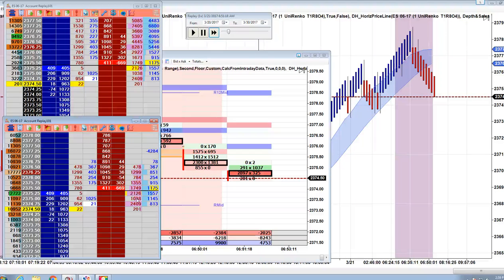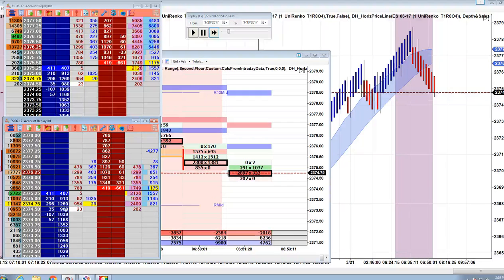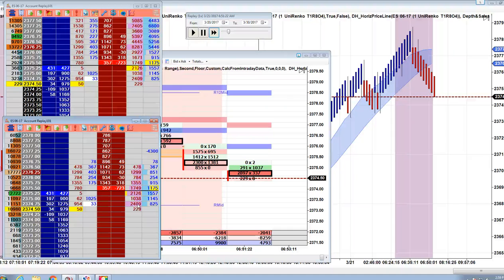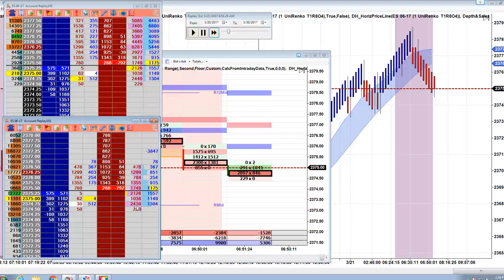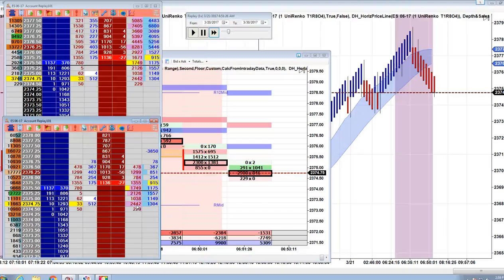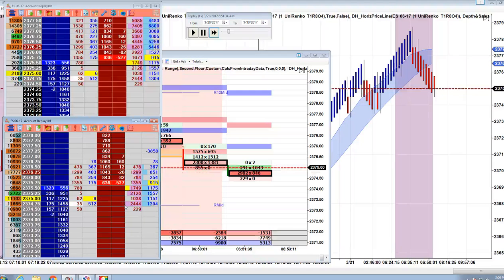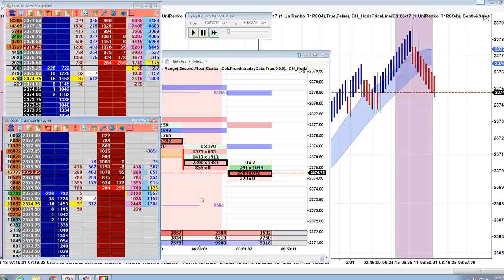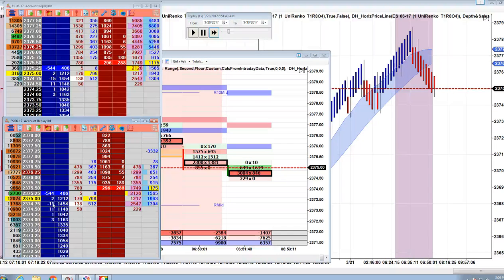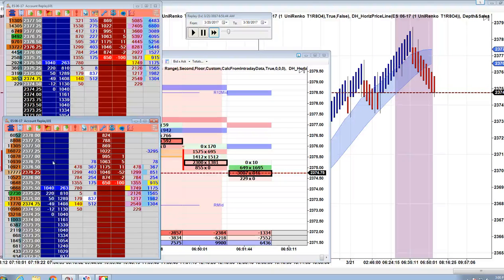Over here, where you have your split volume, you see you have 24, and that 24 has been building as it oscillates up and down. You see that the majority of the trades going off are the sells. So, like I said, unless you see something really huge coming in on the buy side, you want to stick to your sell side.